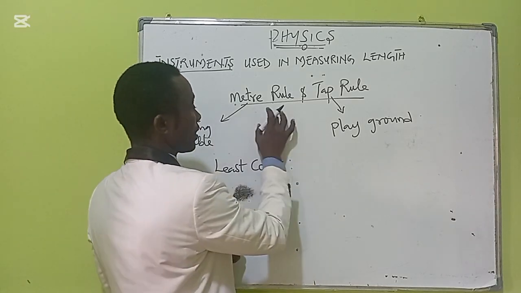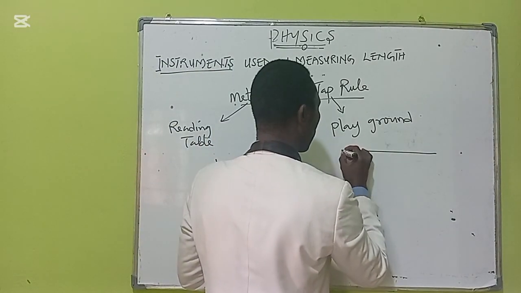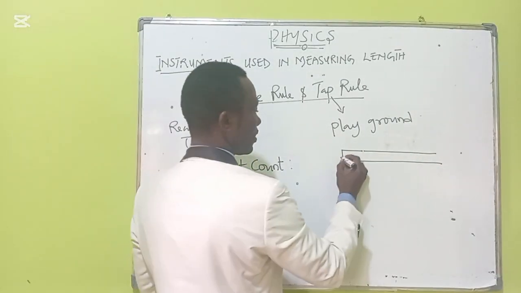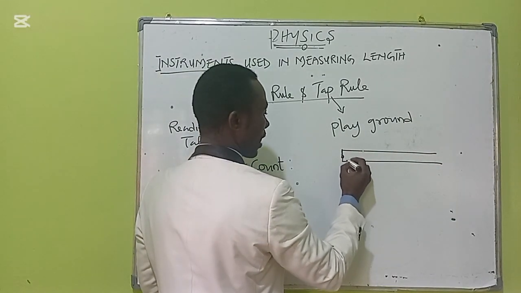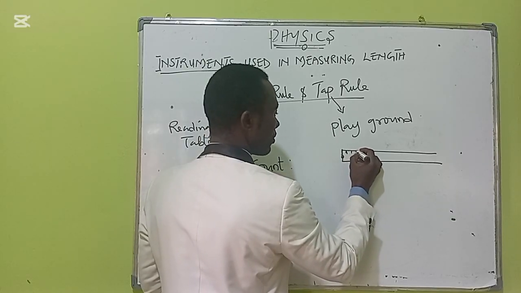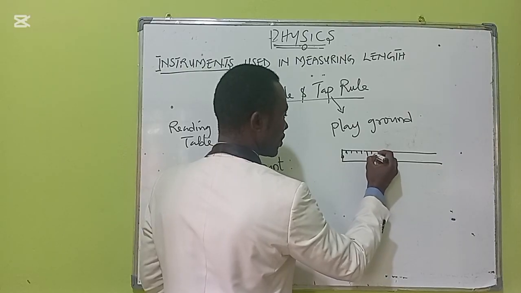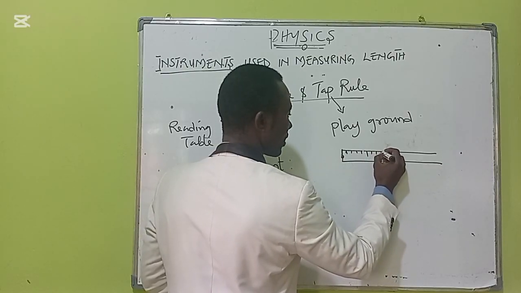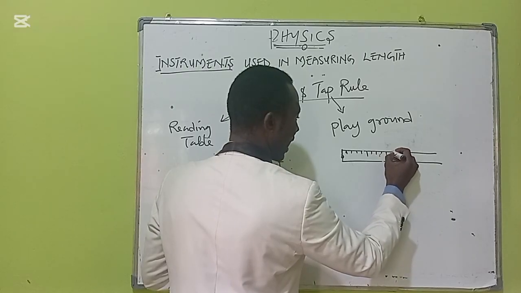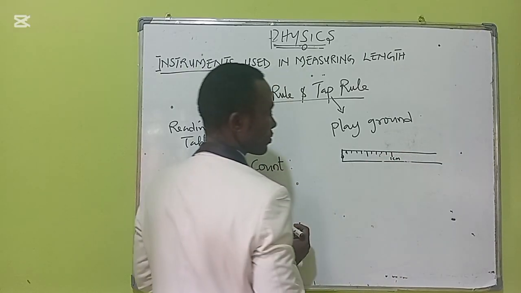If you look at a meter rule, some are made of wood, while some are made of plastic. This is the zero mark. Then you have 1 millimeter, 2 millimeter, 3 millimeter, up to 9 millimeter. At the 10th one, they have 1 centimeter.